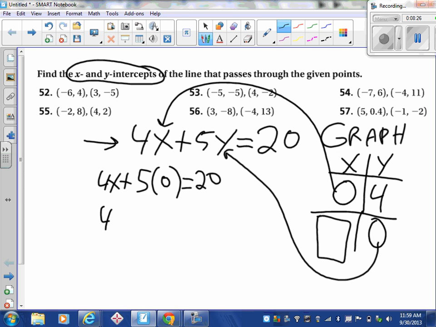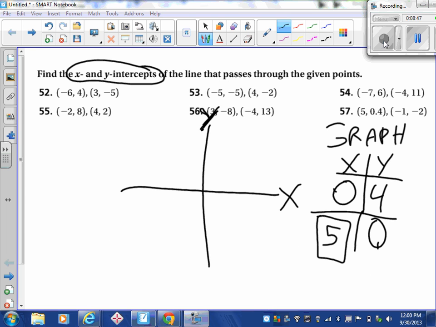I have 4x, 5 times 0 is just 0. So I'm left with 4x equals 20. I need to get the x by itself. So I divide both sides by 4. And I get x equals 5, which means that's my x-intercept, which means I put it right there.